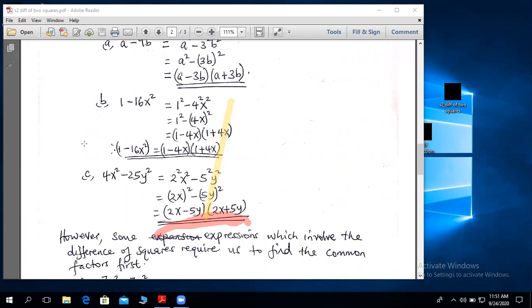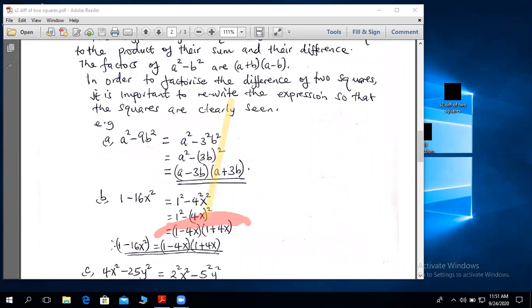Even if we have not shown you that it is 1 squared, for you, you have to create a difference of 2 squares. Remember what we agreed? We said it is important to rewrite the expression so that the squares are seen clearly. So if I have 1 minus 16x squared, I will call it 1 squared.